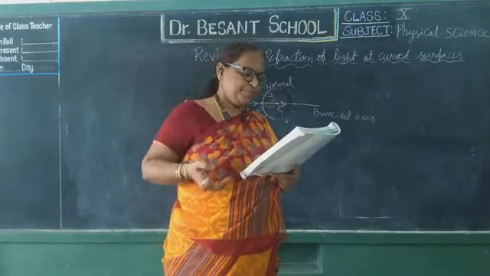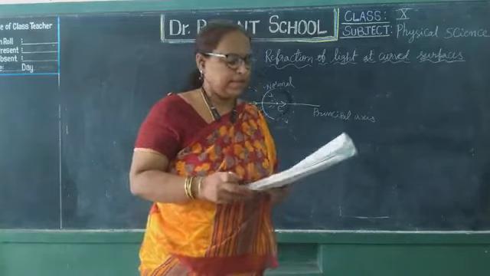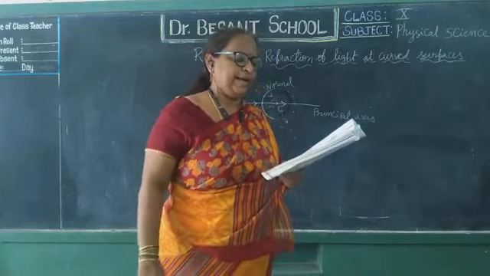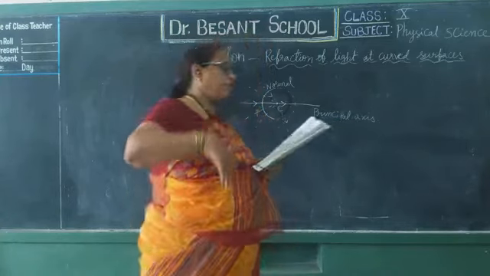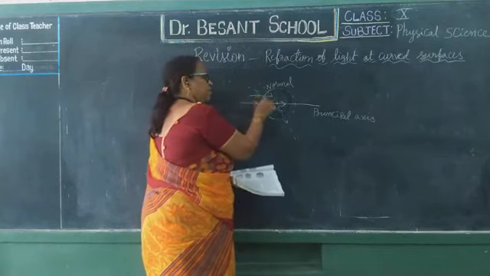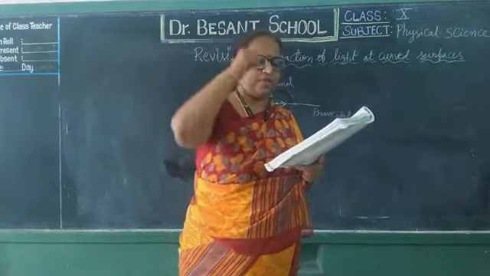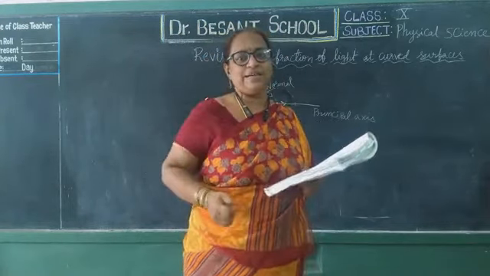Okay, and the different cases we have learnt, if you remember. See your textbook figure 4a, case 1: a ray travelling parallel to the principal axis strikes a convex surface. It passes from rarer medium to denser medium.